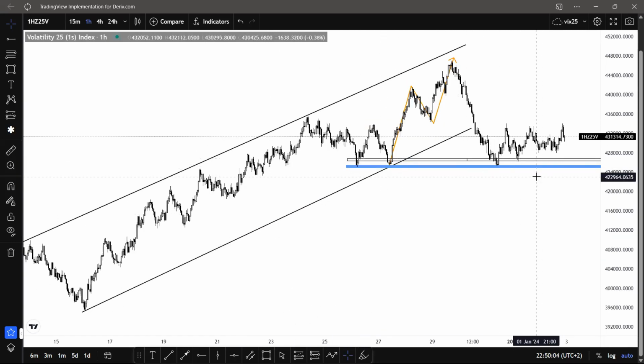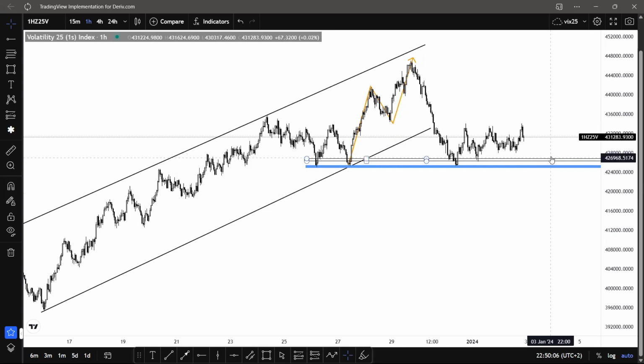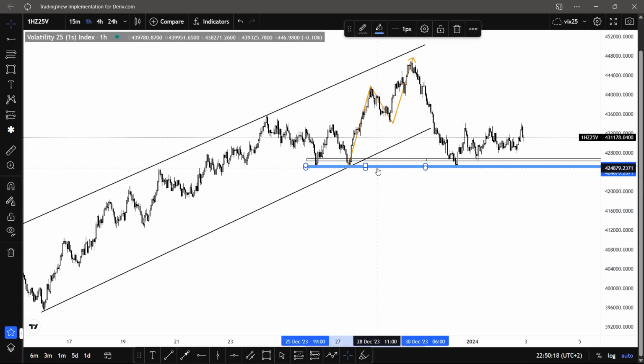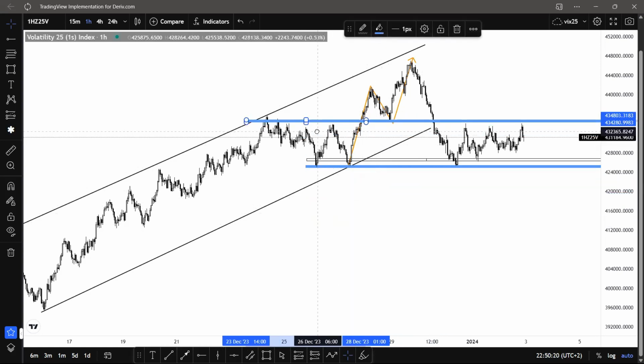Although this is enough for me, because I know that, okay, above here I must look for buys, below here I must look for sells. But because you want to make sure you adapt, right, you can highlight this. Yeah, you can use this structure here, which is this one.